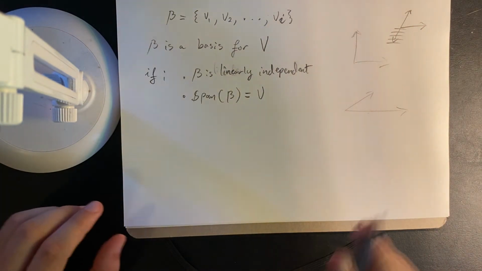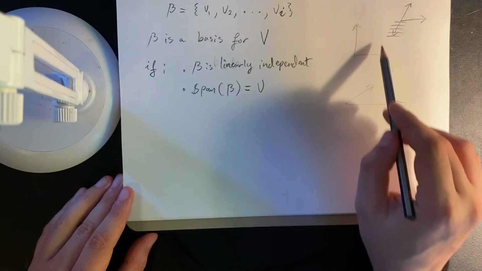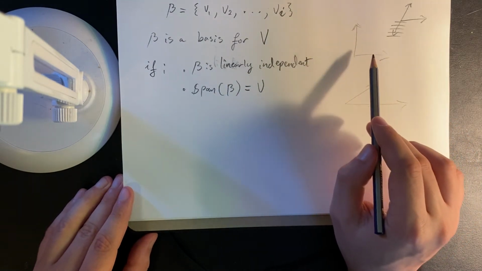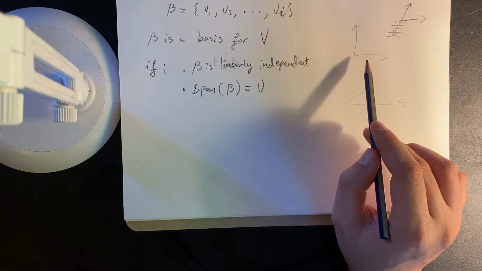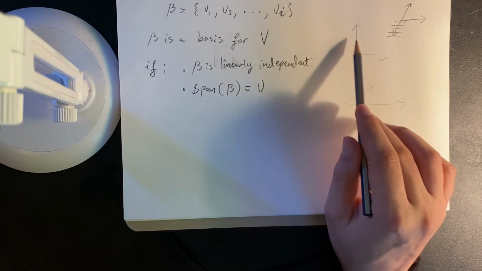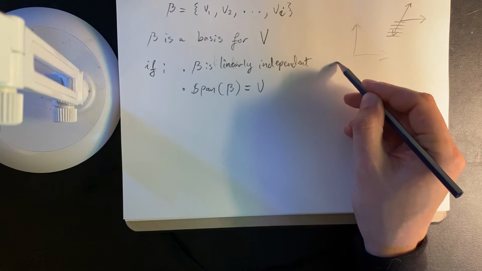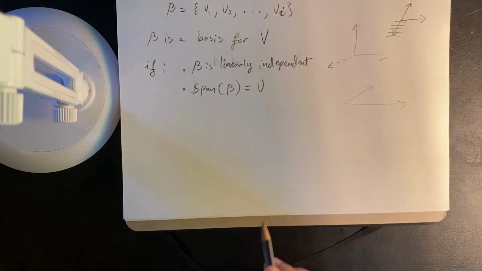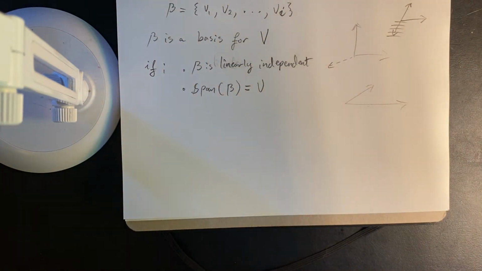Okay, fair enough. But on the other hand, this vector space cannot be a basis for R3 because although the vectors are linearly independent, if I add any combination of them to each other, I'm never going to get another dimension, right? I'm never going to be able to fill all of the three-dimensional space.